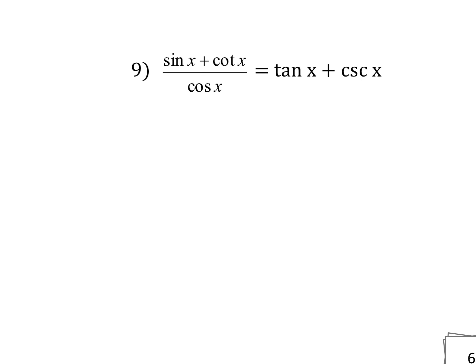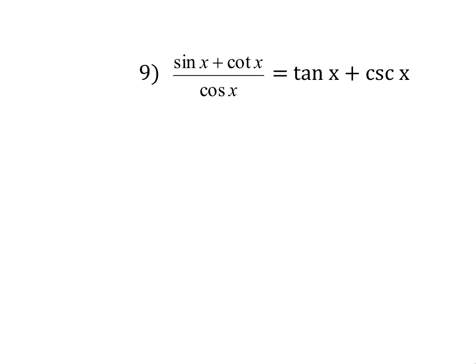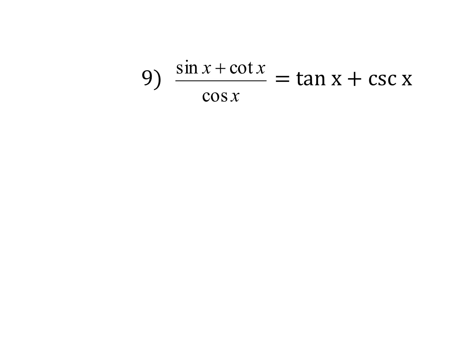What are some thoughts or ideas on this one? Okay, Claire's seeing that cotangent, so she's saying let's change that. Okay, I'm going to kind of do 2 steps in one here, okay? Because first thing I want you to notice is that we have a common denominator, and in this case our final answer has 2 terms, so it's highly likely probable that we want to break this up and do this term over our common denominator plus this term over our common denominator.